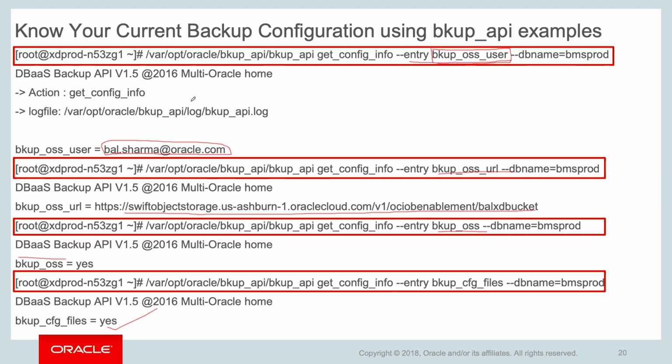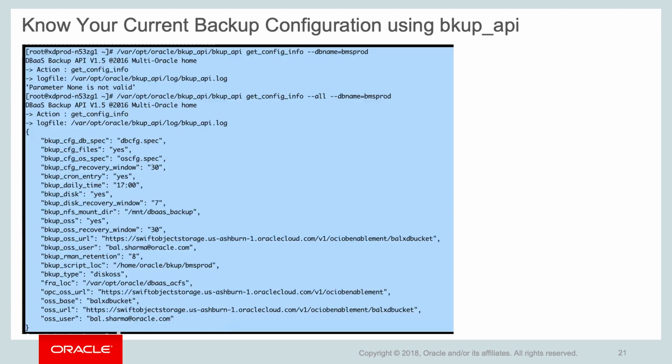You would be interested in knowing all the values, and we have multiple ways to find that out. For example, knowing your current backup configuration using backup API, here you don't have to pass an entry. Just leave that field blank. With backup API, I'm just passing get config info as an argument and the database name. It will list all the values within the database system, whatever is configured and effective.